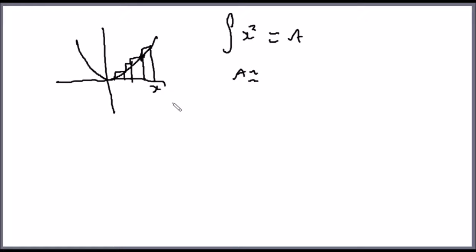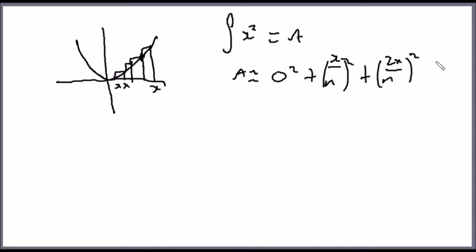So the area is equal to x over n, times (x over n) squared plus (2x over n) squared, plus, and so on.